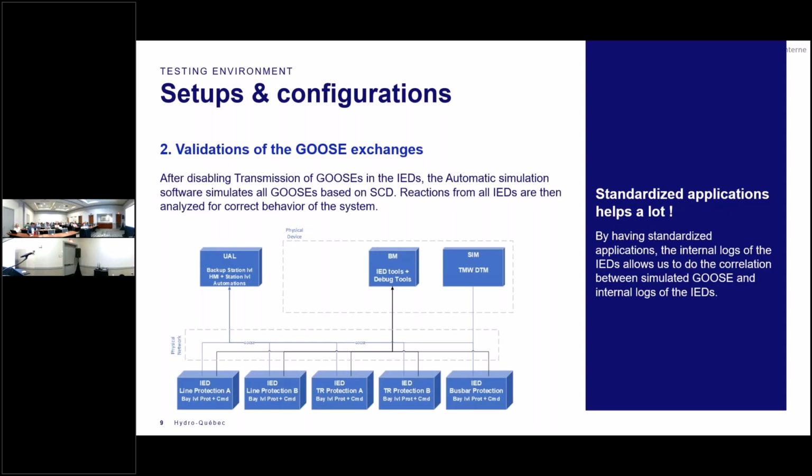We simulated the different cases and we expected to see the different behavior from the different IEDs based on the published GOOSE. So we'll see a bit later how the results were analyzed, but the goal was to get all the reactions from the IEDs based on the different cases.